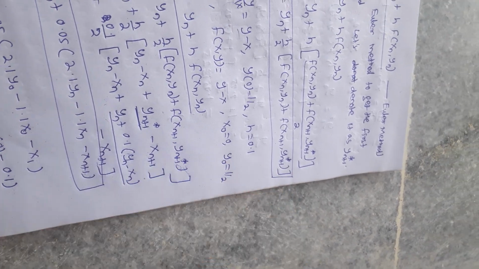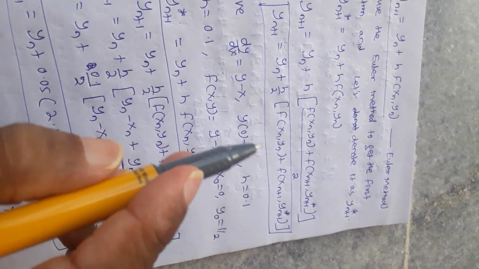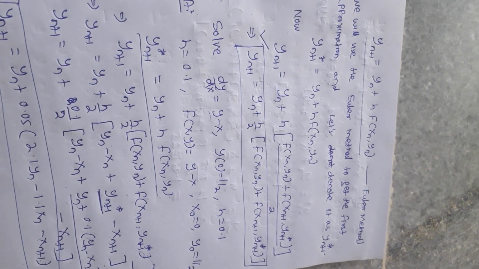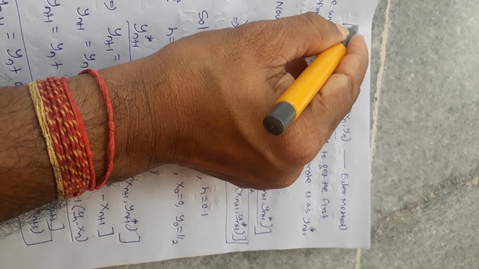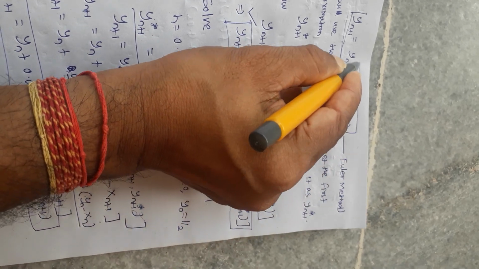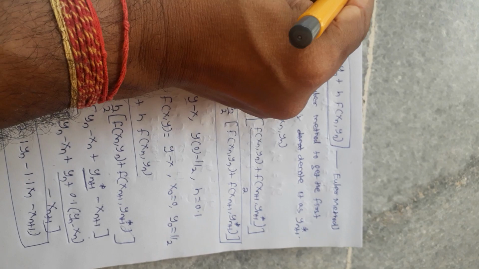Sorry, by mistake I left out the star on yn plus 1 star. Okay, so this is the formula for the modified Euler method, and as per our previous discussion, this is the formula for normal Euler method.